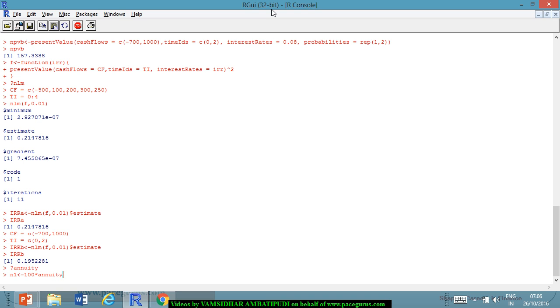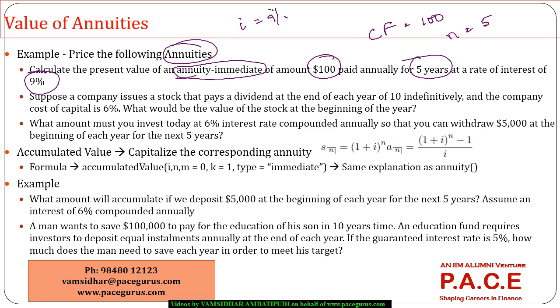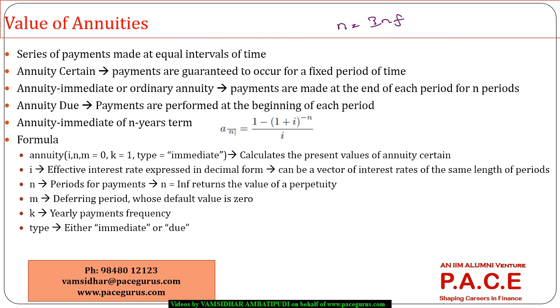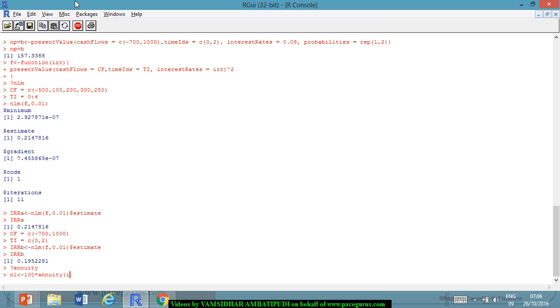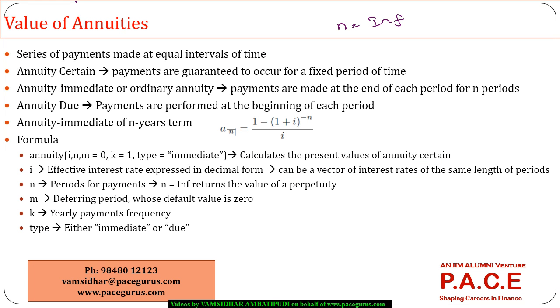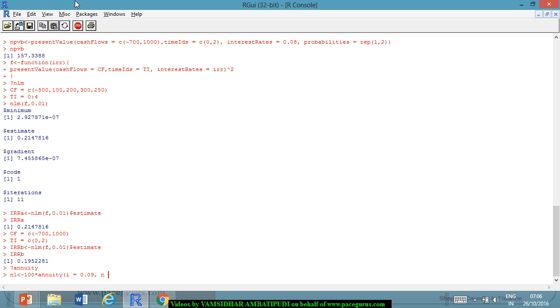So the first input in the annuity function I have to specify as I, which is the effective interest rate. So let me take my I as 9%, which is 0.09. Then I have to give N, which is the number of periods which this annuity is going to continue, which is 5.